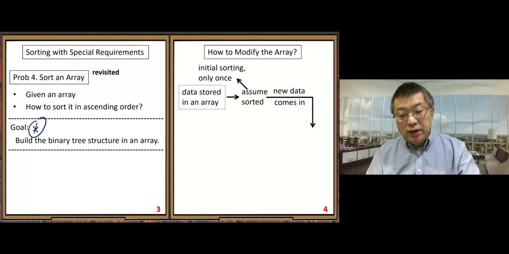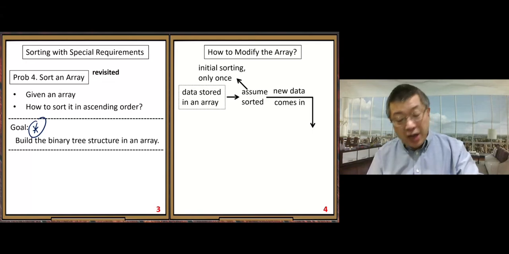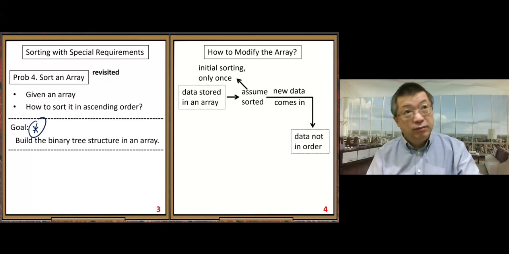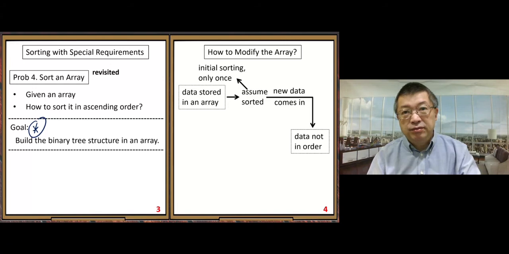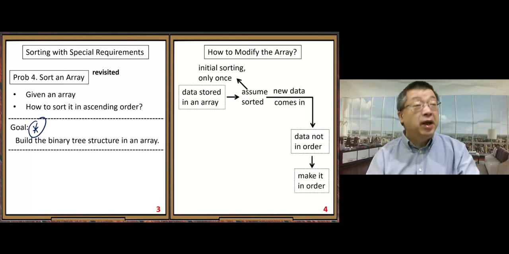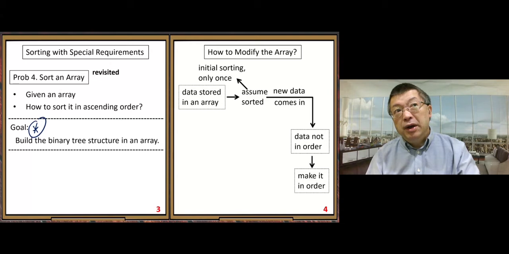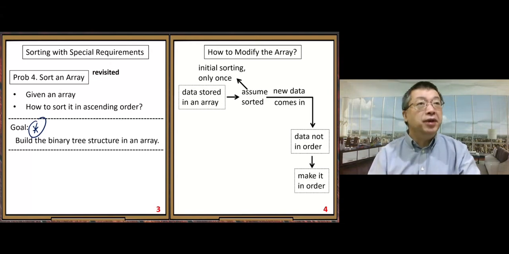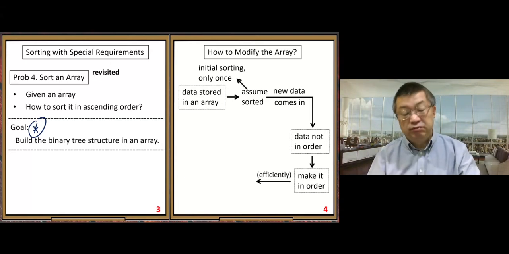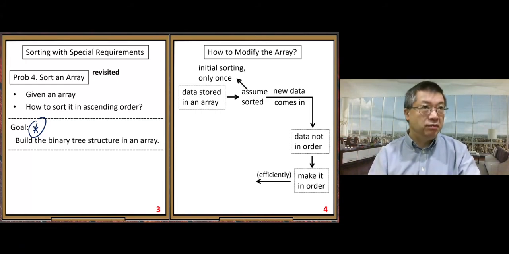When a new data item comes in, directly the data is not in order, so we need to fix it and make the new data ordered. How efficiently can you make the new data in order? That's the most important question we want to ask here.